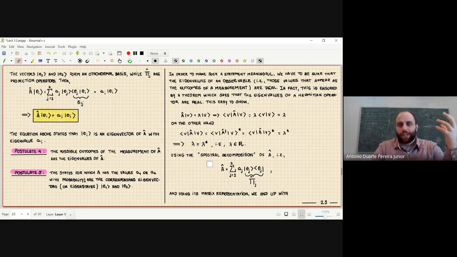So when I ask you what is the spectrum of an operator, I'm asking you what the eigenvalues of this operator are. Since this decomposition relies on the eigenvalues and eigenvectors, we call this the spectral decomposition. Just to refresh your mind about that.